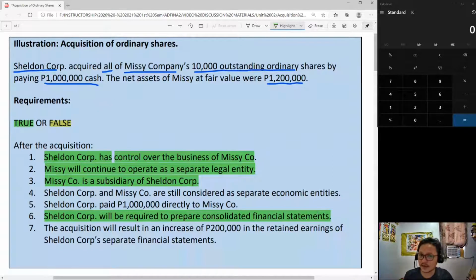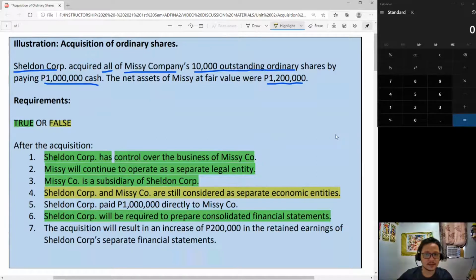And basically, in a nutshell, that is Sheldon's separate financial statements combined with Missy's separate financial statements into one consolidated financial statements. So, number 6 is true. But let's go back to number 4. Number 4, Sheldon Corporation and Missy Company are still considered as separate economic entities. Now, that statement is false.